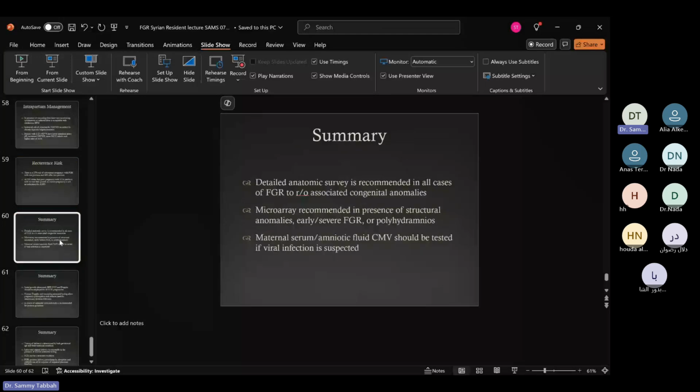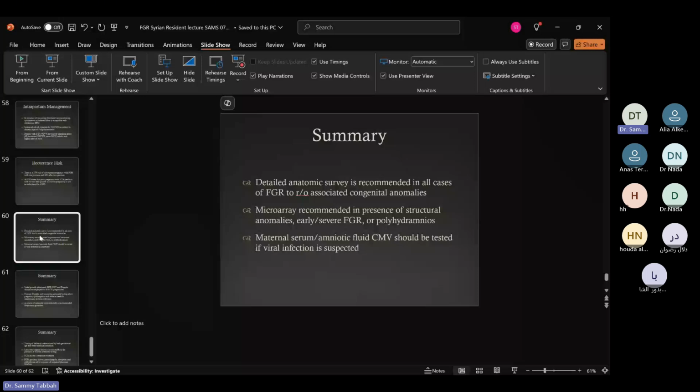So, in summary, if you do diagnose growth restriction, it's important to do a detailed anatomy scan to make sure there are not any associated anatomic abnormalities. It's important to think about the contribution of genetics, so if aneuploidy screening is done or amniocentesis is done, depending on the clinical factors.